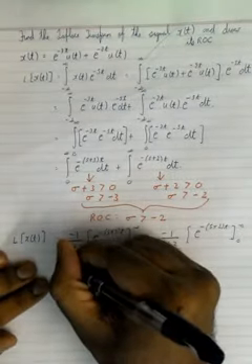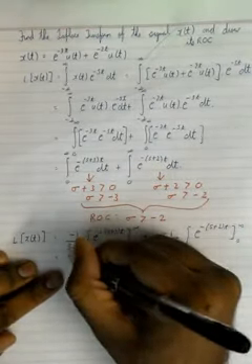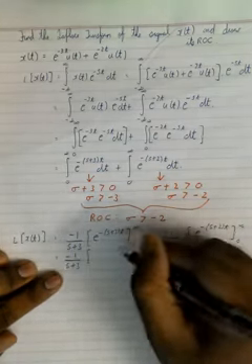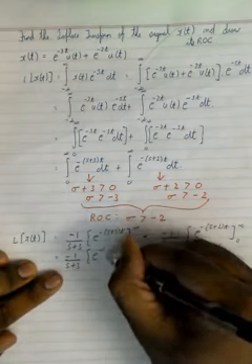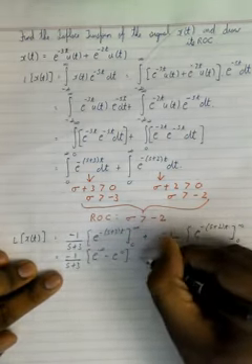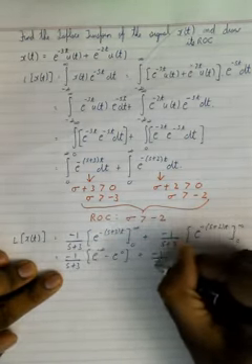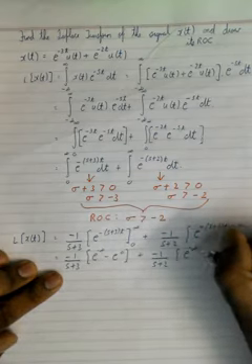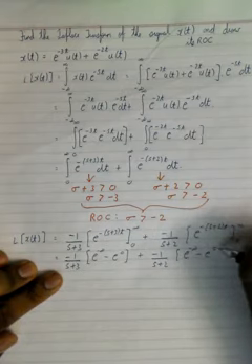This will become -1 by s plus 3 into e raised to minus infinity minus e raised to 0, plus -1 by s plus 2 into e raised to minus infinity minus e raised to 0.